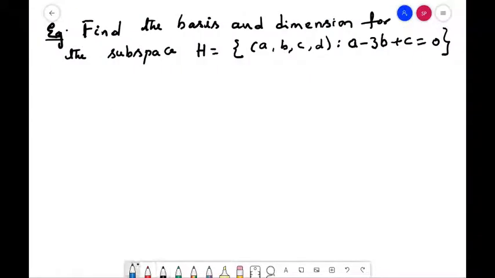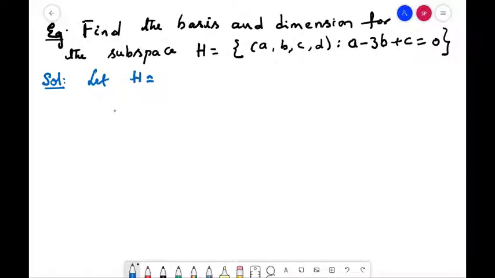Now let us look at this problem. Find the basis and dimension for the subspace H equal to the set containing elements of the form a, b, c, d such that a minus 3b plus c is equal to 0. Earlier you have done a problem where H is the set containing a, b, c with some conditions. But here what is given? Let me write once.